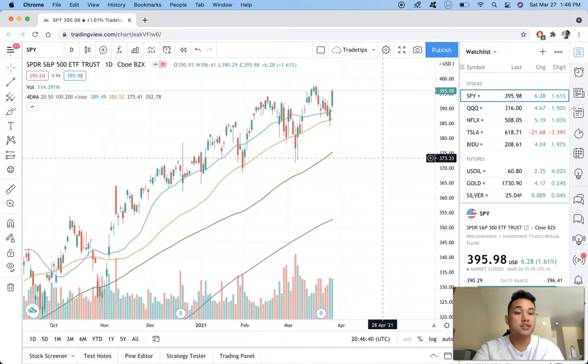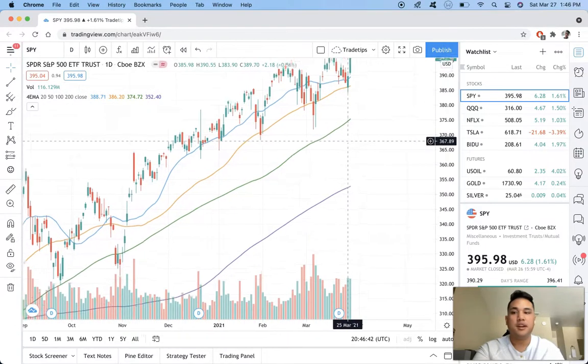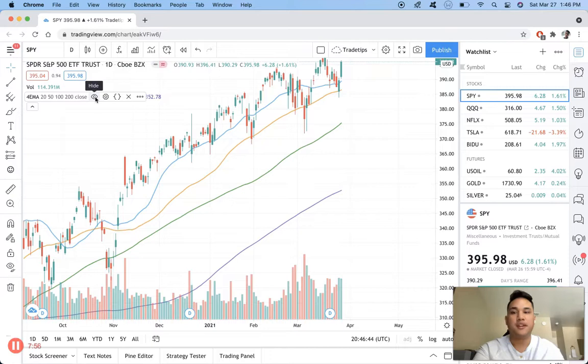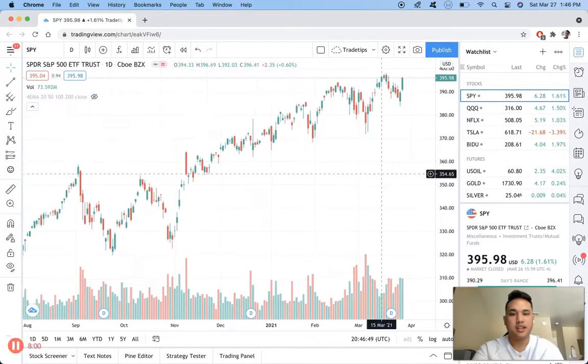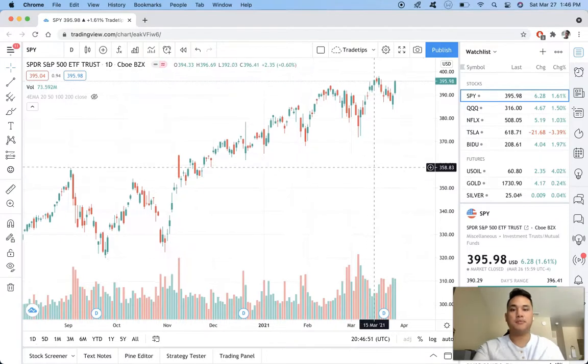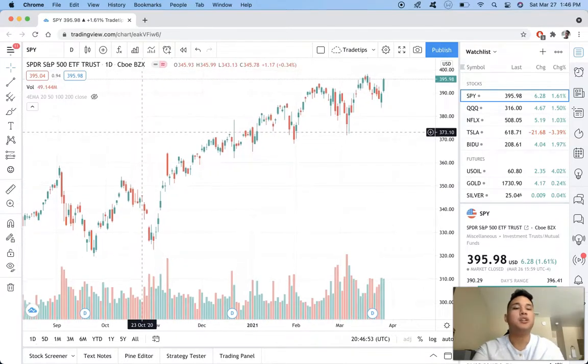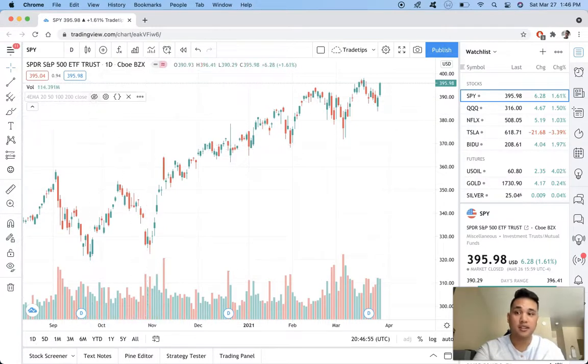Then with all of these combined, we can actually use these to help find a trend. So if, for example, you were to just look at this SPY chart by itself, you would say, okay, yeah, it's in an uptrend, but how can we definitively define that it's in an uptrend?